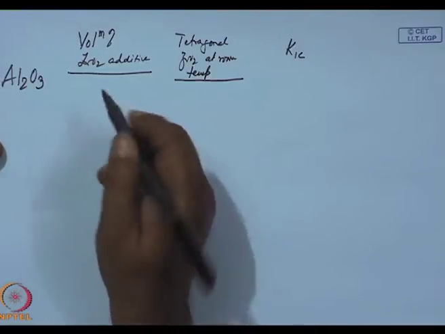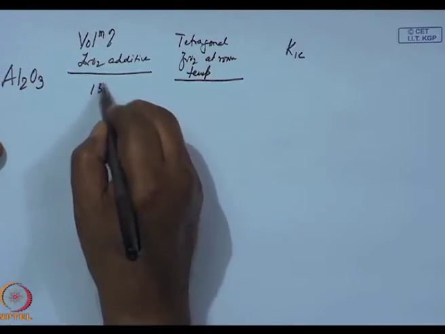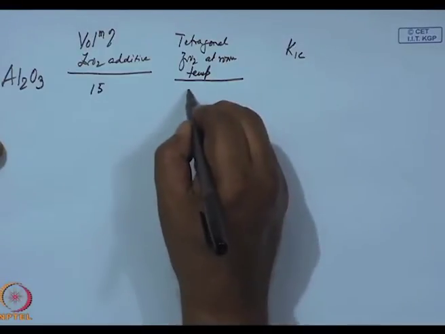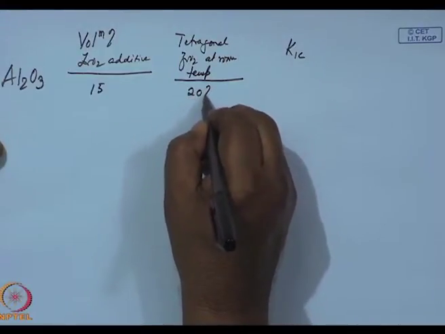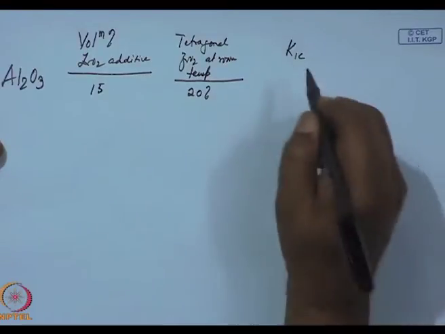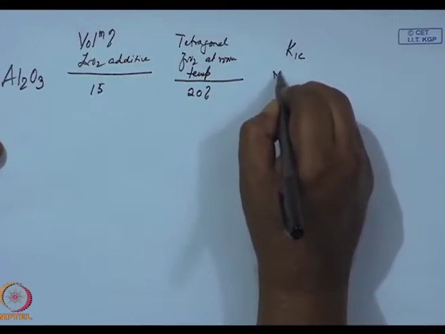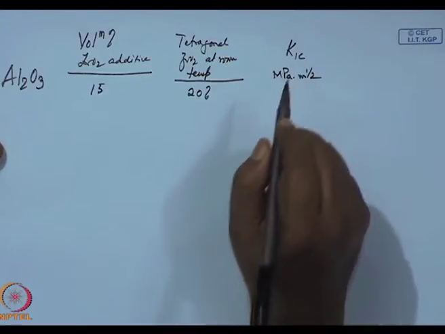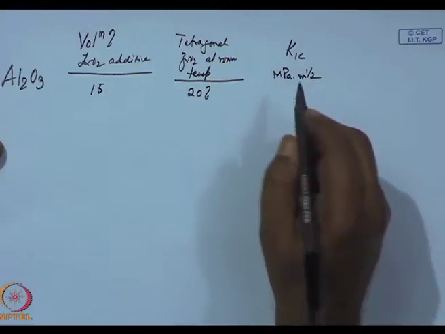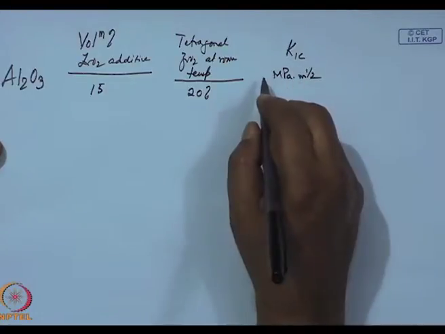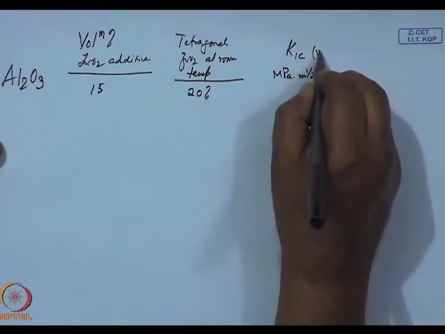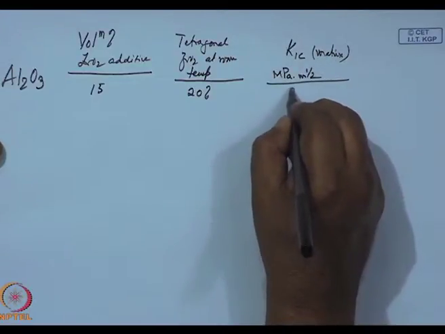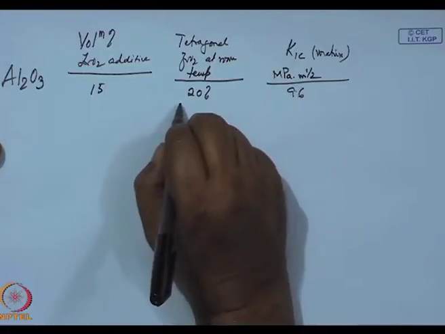In alumina, 15% zirconia additive is added, tetragonal content is 20%, and the fracture toughness, of course, I should put a unit. Fracture toughness is of the matrix, of course, is 9.6.